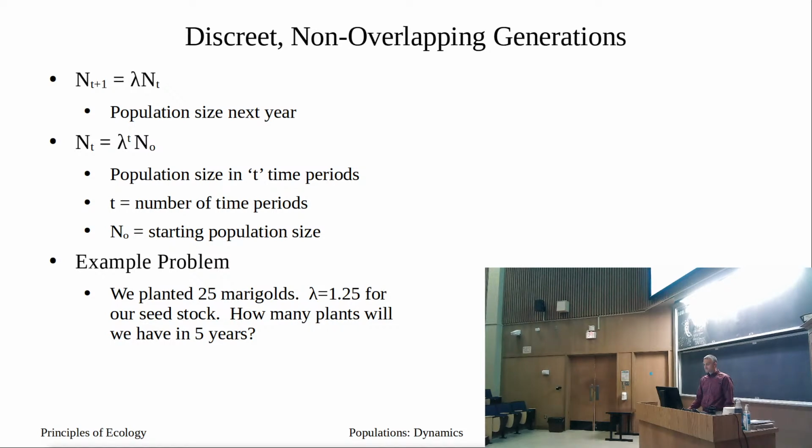Finite rate of growth. All right. So to calculate population size in the future, we have to know our starting population size, we have to know that multiplicative growth rate, lambda, and we have to know how many generations into the future we're trying to predict.